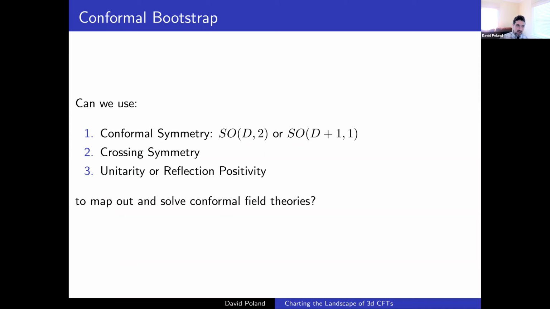And then finally, we can use constraints like unitarity in quantum theories, or its Euclidean incarnation, which is called reflection positivity. So the hope is you can put these constraints together, and that maybe they're so constraining that you can uniquely identify solutions compatible with these constraints, or at least constrain the space of observables in some interesting way.